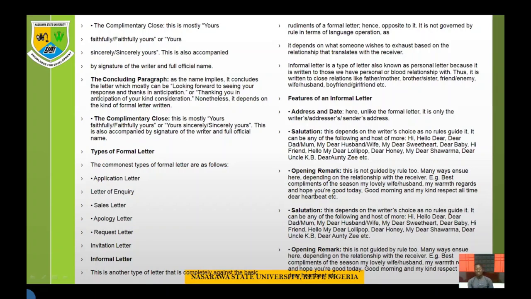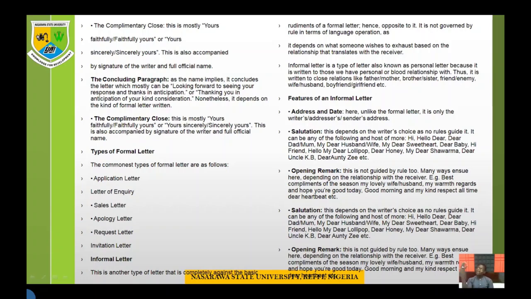Okay, good. Now these are some of the things you have to understand about a formal letter. But I know somebody would ask, after the name, do you need to write your phone number? No, it depends actually. For instance, if you're writing an application letter for employment, you have to attach a CV.